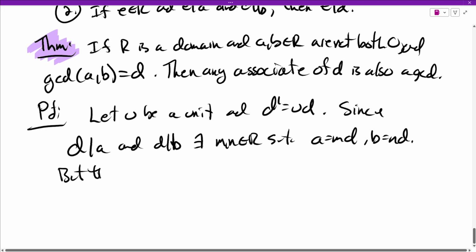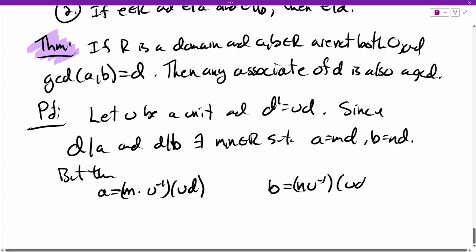But then A is M U inverse UD and B is N U inverse UD. And in particular, that's a ring element times D prime, and that's a ring element times D prime.